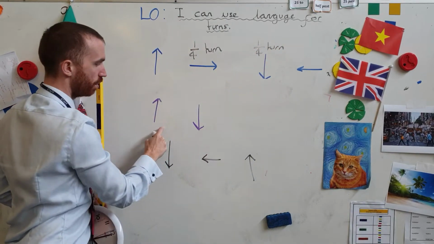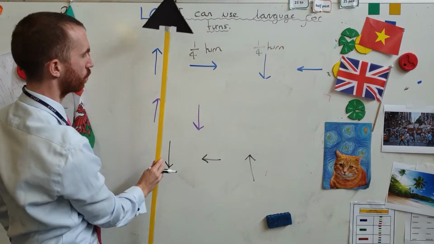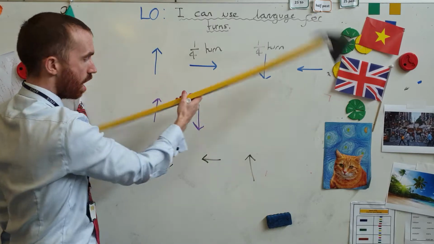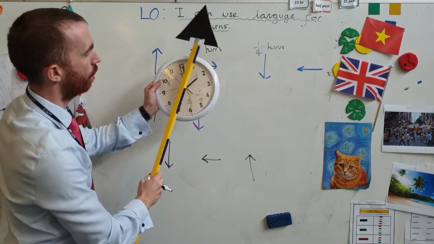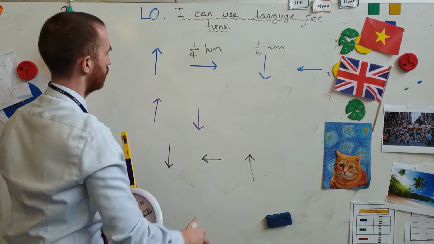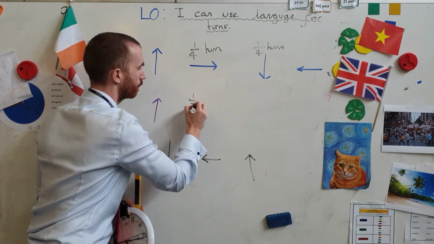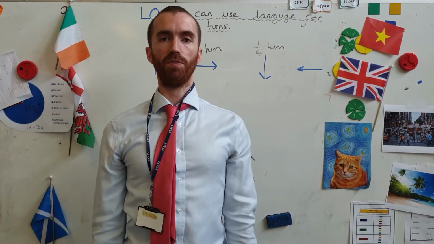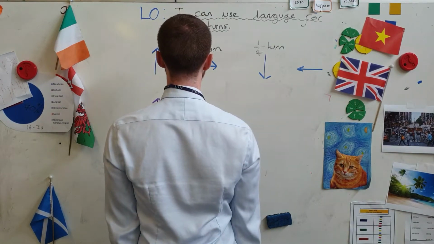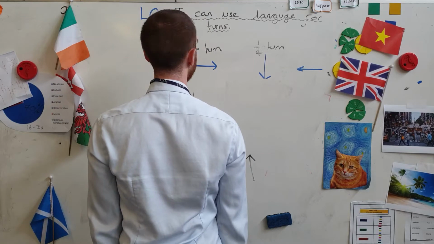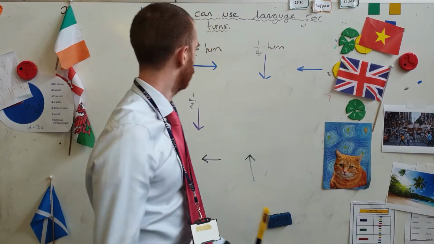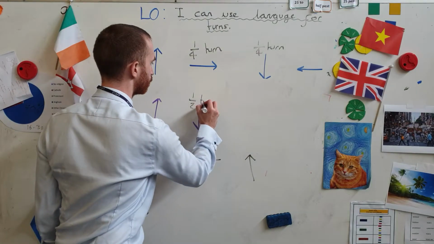If we'd gone from here all the way around to there, we're not back at the start, we've gone from the top all the way around to the bottom, then this has made a half turn. A half turn. So look, I'm facing here and I'm going to go half the way around to here. Let me turn another half. Another half. There I am, back over here. So that is a half turn.